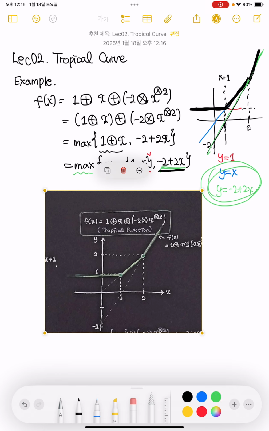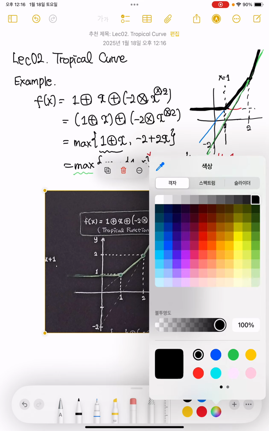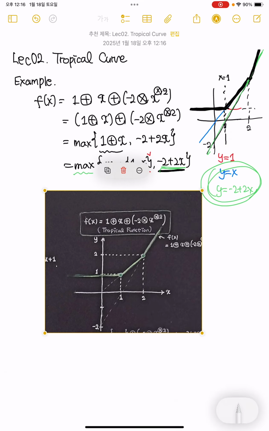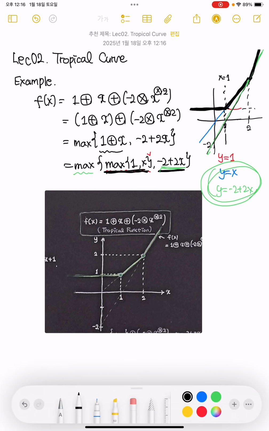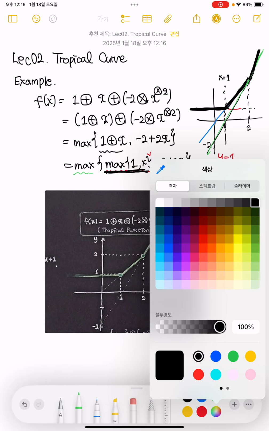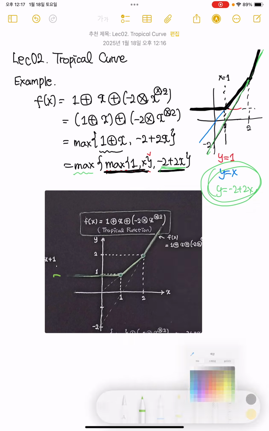Let's see now. That is here. When x is smaller than 1, that is y equal to 1.